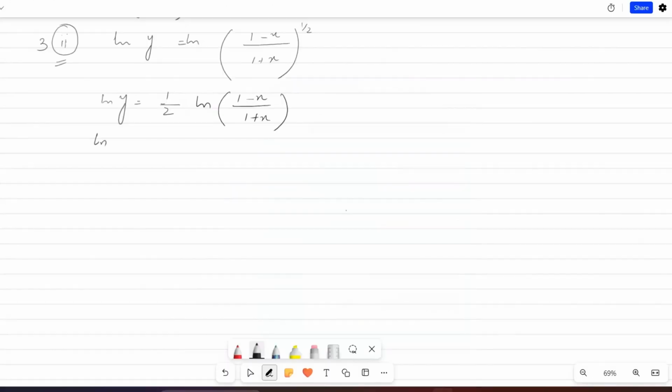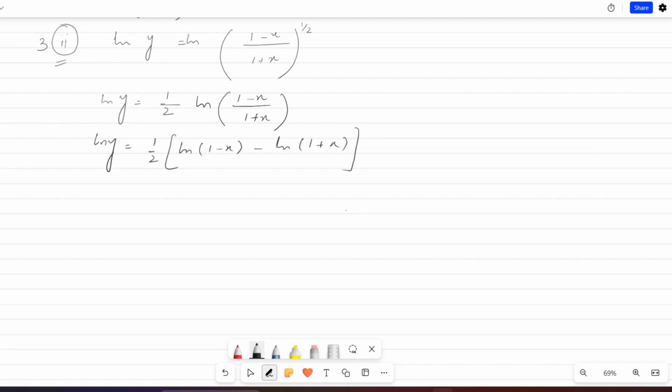And further we can resolve it: ln y is equal to 1 upon 2 [ln(1 minus x) minus ln(1 plus x)].